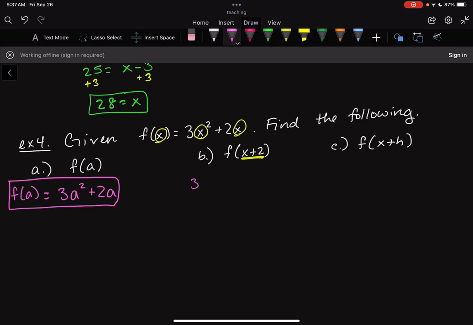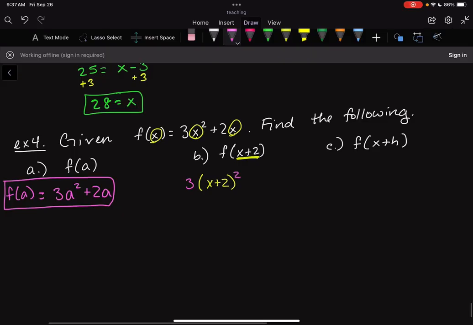Oh, right now I have an x. So instead of writing x, I'm going to write x plus 2. And then that's squared plus 2. Oh, and then I see an x. So instead of writing x, I'm writing x plus 2. So you're replacing the entirety of x with whatever is in those parentheses.